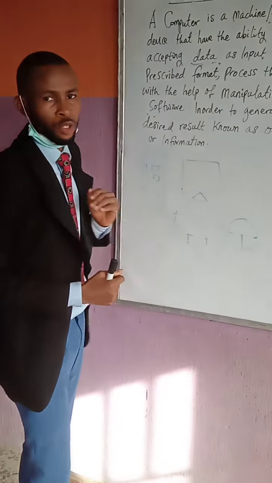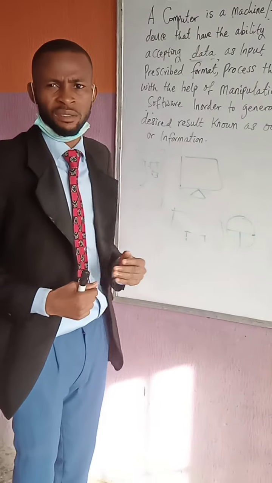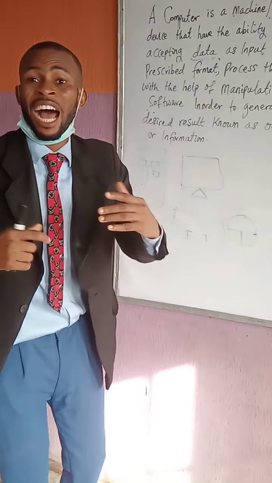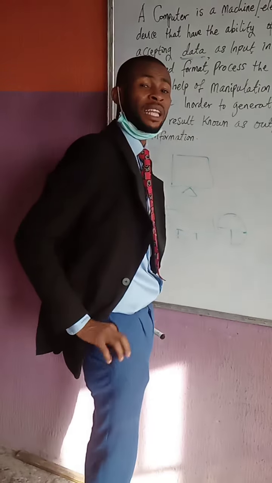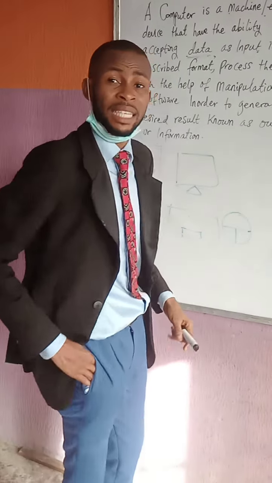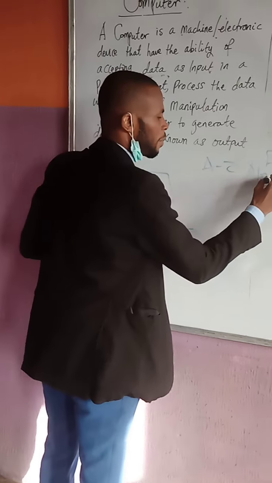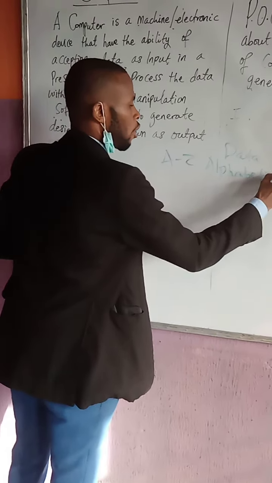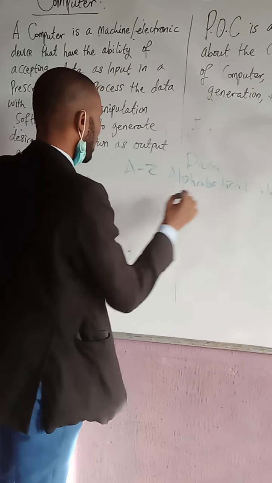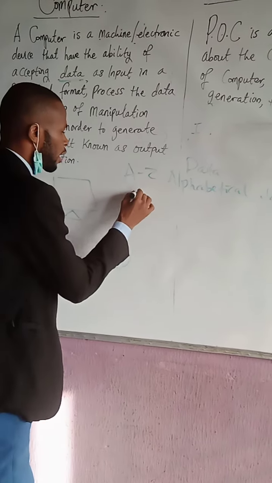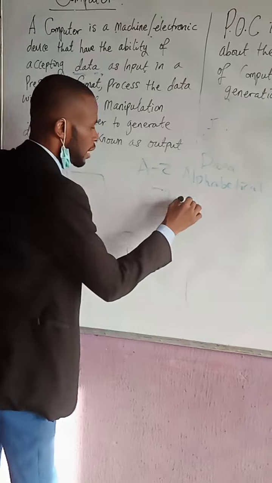Now I've explained data also. We have different types of data. When I'm talking about data, I'm talking about alphabetical data. We have the alphabetical data, which is your A to Z. Okay, we have numerical data, which is your 0 to 9.